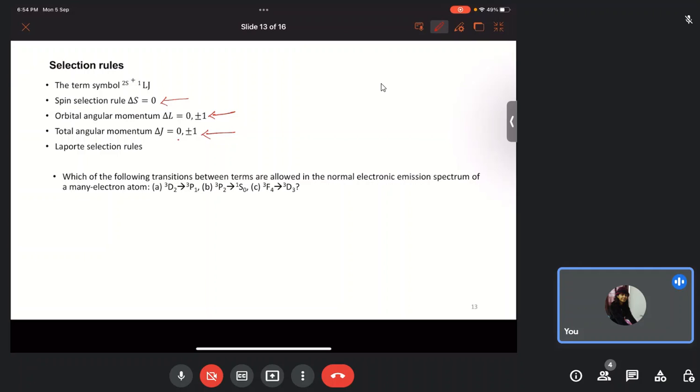So we've been given a couple of transitions, and we find what transitions are allowed. The first one is 3D2 to 3D1.